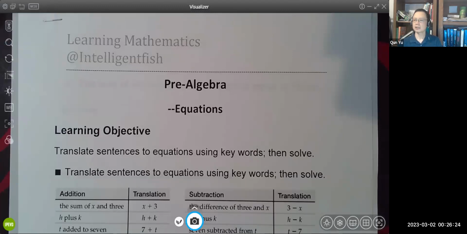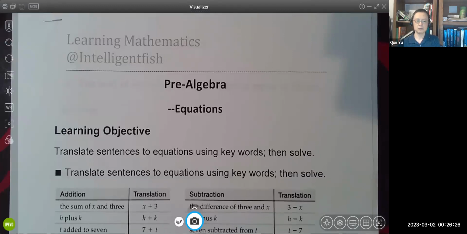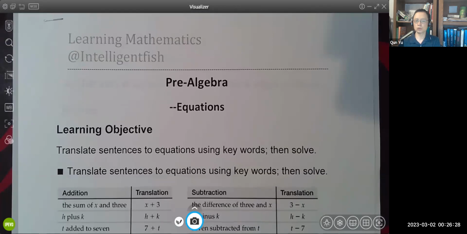Hi. In today's video, we're going to look at how to translate a sentence to an equation and solve it. It is super important that we are able to translate a description of a problem into an equation or equations, and then solve it.